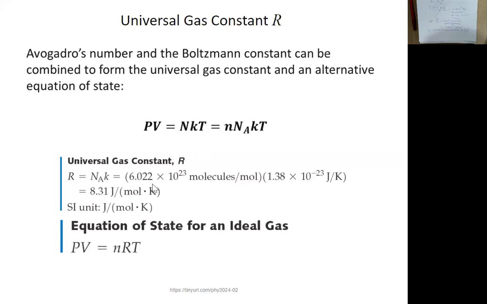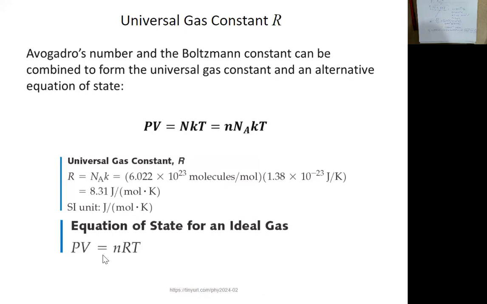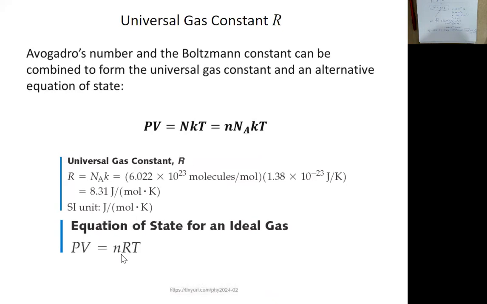Avogadro's number 6.022 times 10 to the 23 times the Boltzmann constant gives you 8.31. That's called the gas constant R, capital R. Then capital N_A times K becomes R, so PV equal to n times R times T. This is another expression for the ideal gas law, or equation of state for an ideal gas. I think you see this often in chemistry in this expression. PV equal to small n times R times T.